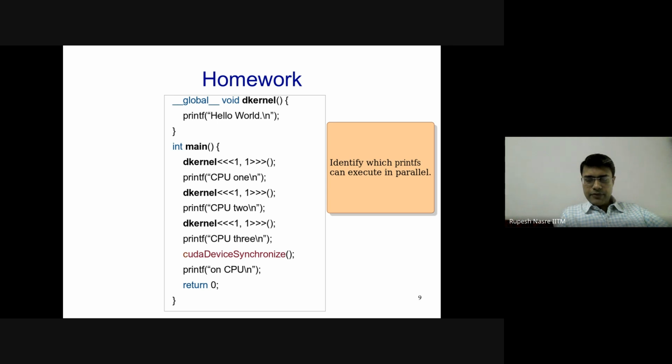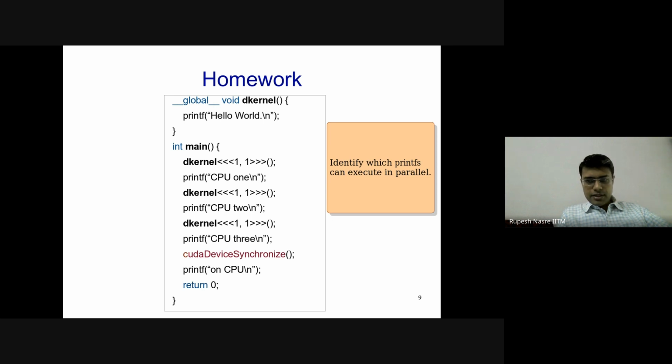Soumya says printf in the kernel code and printf in the CPU code can happen in parallel. Nitesh says kernel call 1 in parallel with CPU1, CPU2, CPU3. Samir says printf CPU1, 2, 3 can execute in parallel. Abhijit Ashok says CPU 1, 2, 3 will be first, then the kernel, then the final CPU.